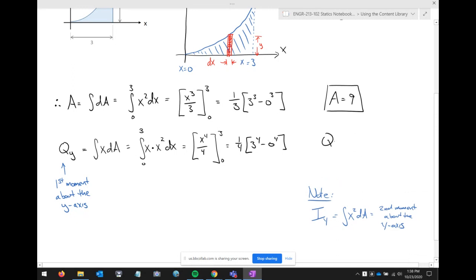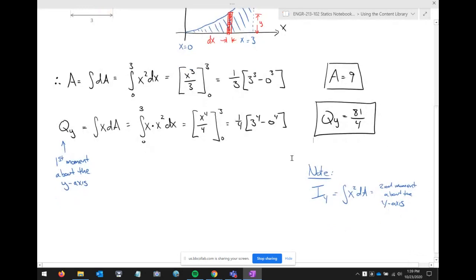All right, so Qy is 81 over 4. And so right off the bat, if we wanted to, we could say that Qy over A is the integral of x dA over the integral of dA.